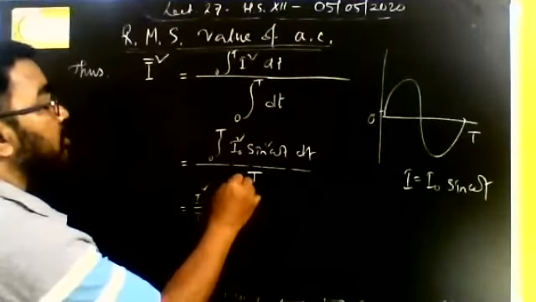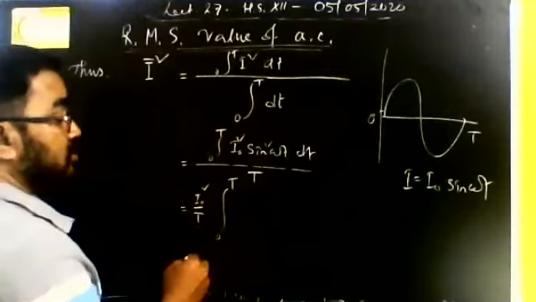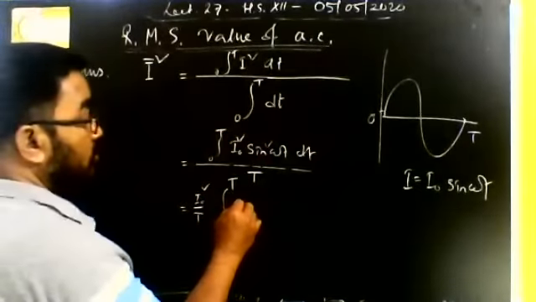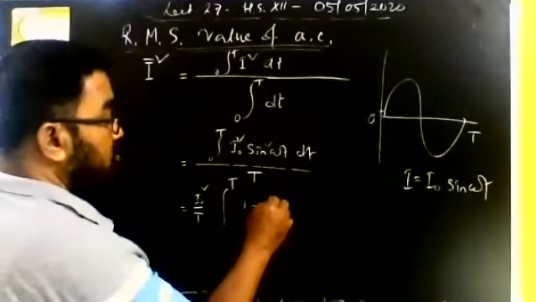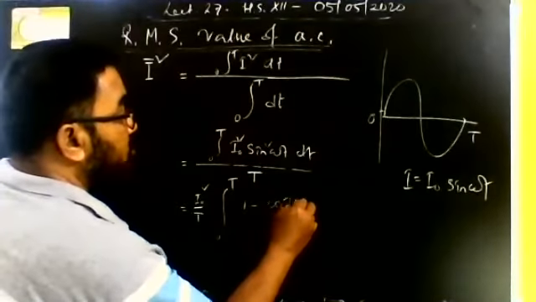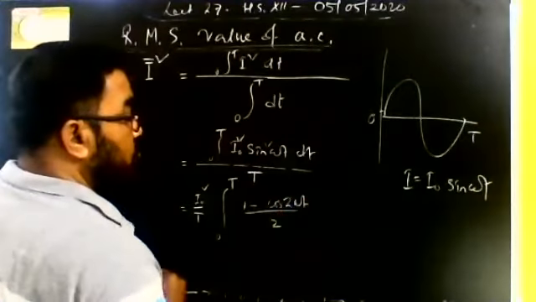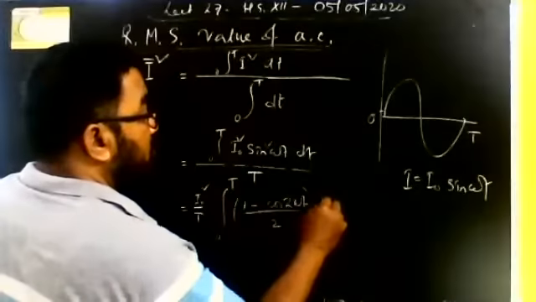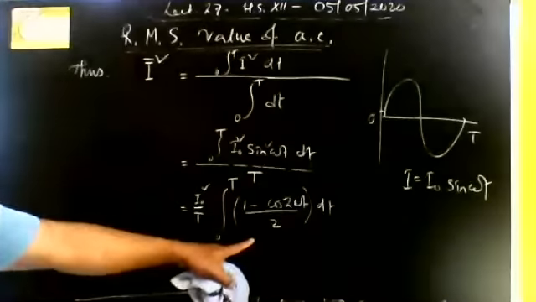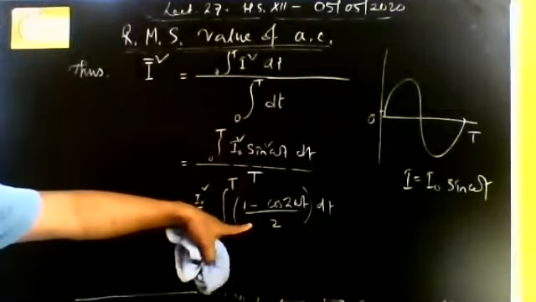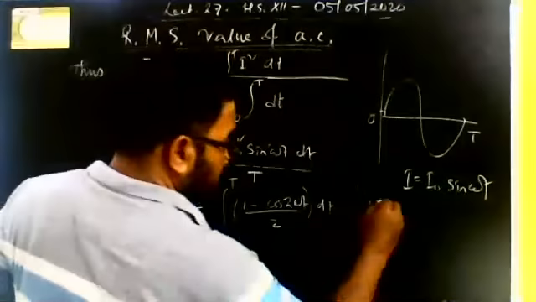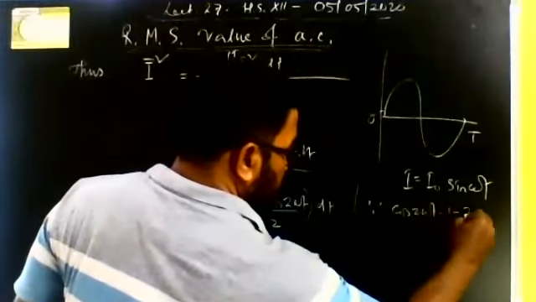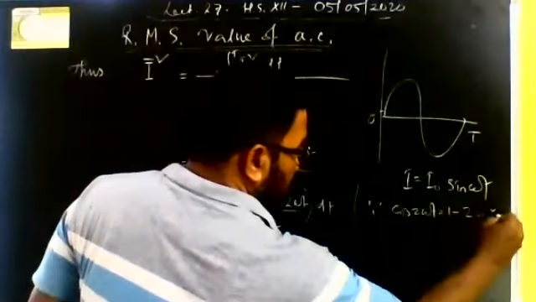And 0 to capital T, in place of sine square omega t, you are to put (1 minus cos twice omega t) by 2, then dt. Why am I putting this in place of sine square omega t? Because cos twice omega t is equal to 1 minus 2 sine square omega t.